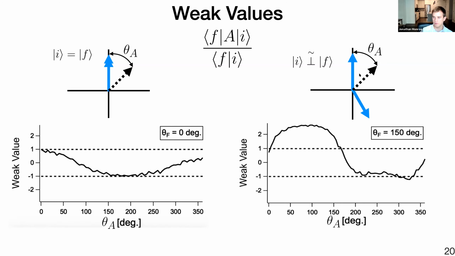In this case, if theta F was 150 degrees, so almost fully orthogonal, then in some cases I do measure anomalous weak values, values for this A measurement that can be greater than the traditional spectrum, greater than 1. Again, it's not very surprising because I have this denominator where I'm dividing by a low probability event, and so the expectation value of this quantity can be greater than 1.